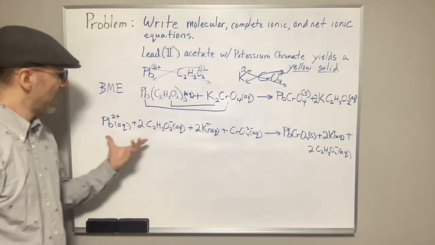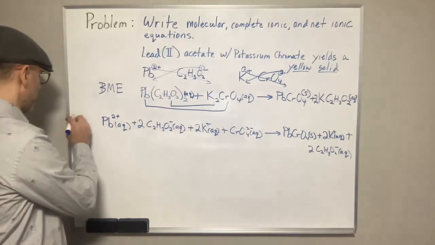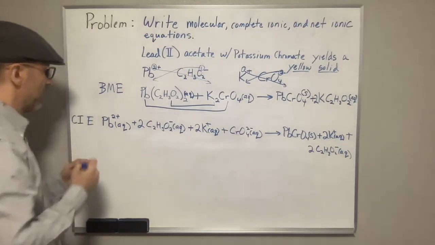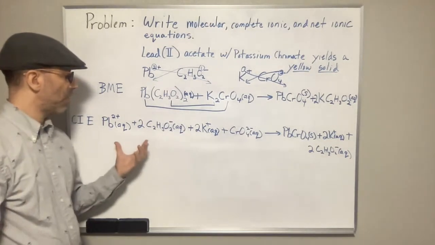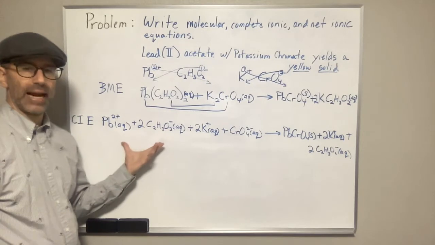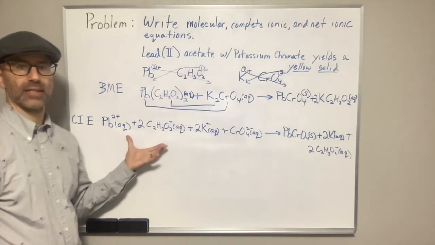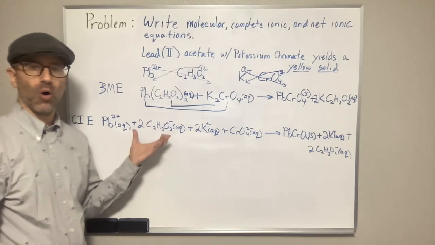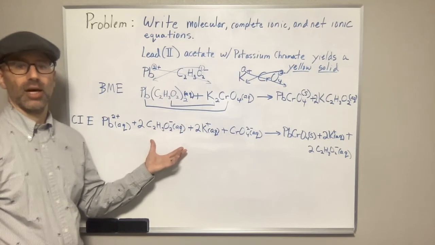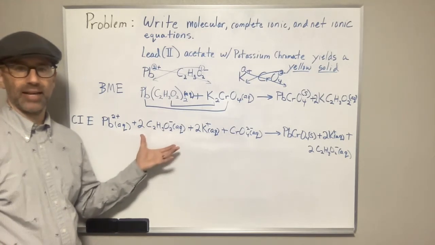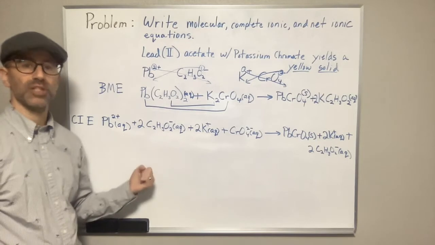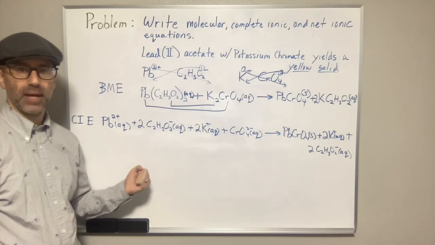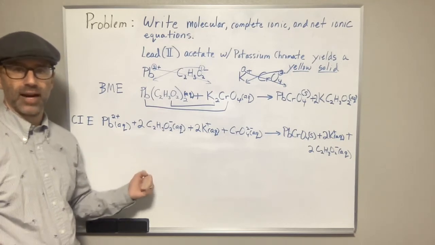Now the thing to keep in mind is that this is a complete ionic equation, and now we need to figure out the net ionic equation. Here we're paying attention to what the players are in the reaction. The difference between your complete and net ionic equation is that you've removed the spectator ions. Removing the spectator ions makes your net ionic equation.